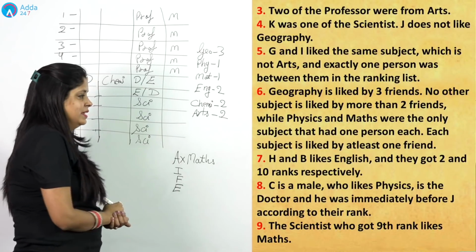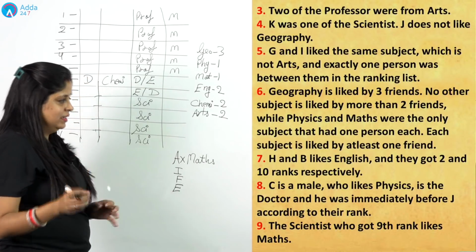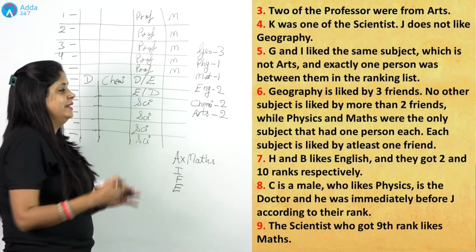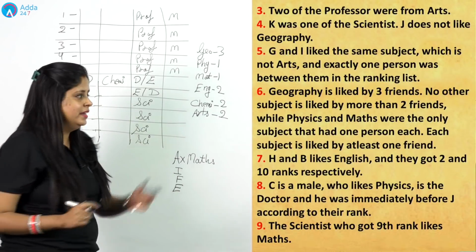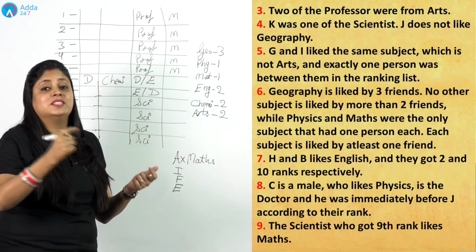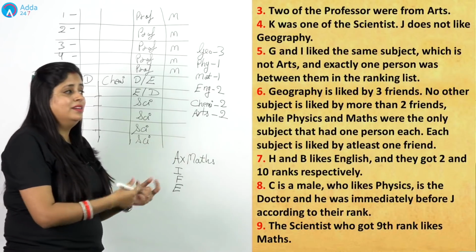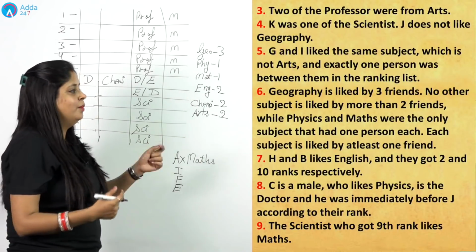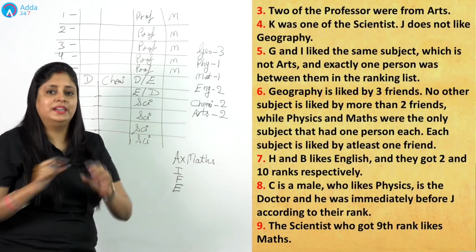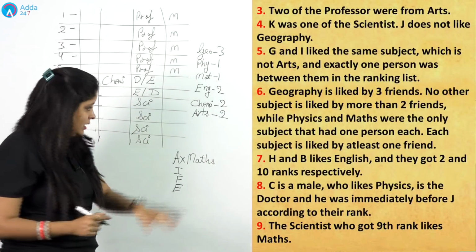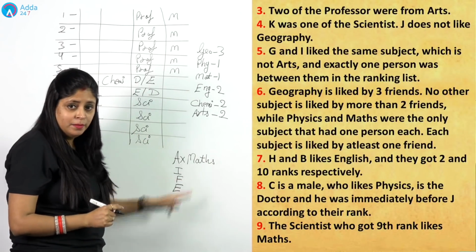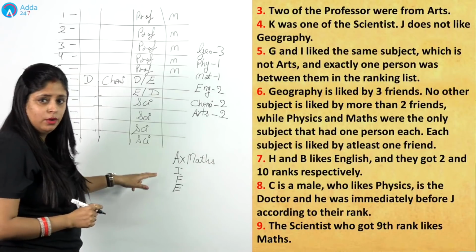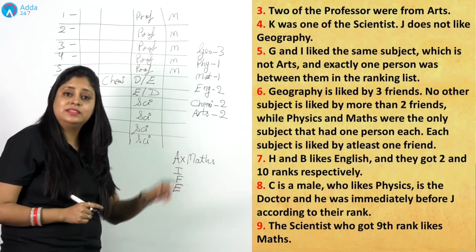Point number 7 says H and B like English and they got rank 2 and 10 respectively. Okay. Now, they have used one word and that is respectively, which means that their ranks are quite clear. Now point number 7 is termed as a direct hint. The earlier ones were termed as indirect hints because I can't clearly place them. But point number 7 is the direct hint.